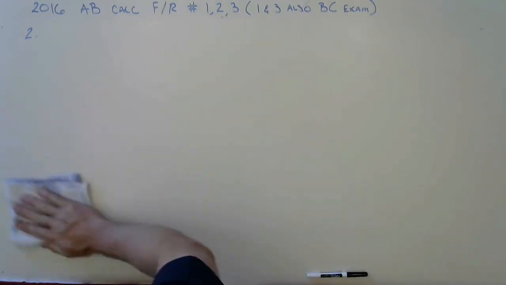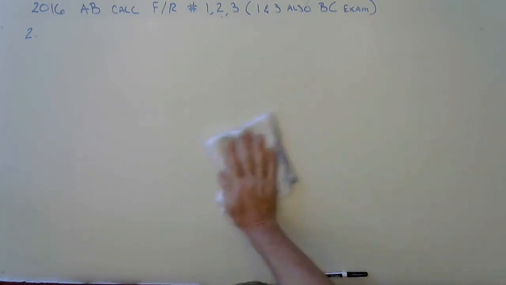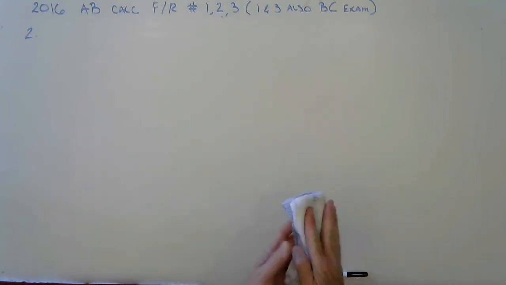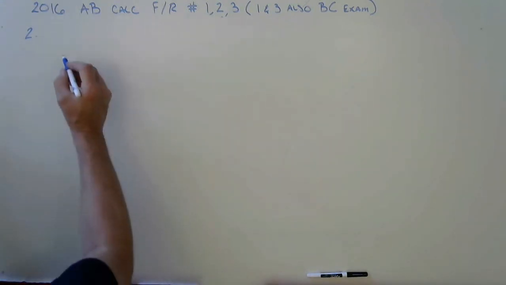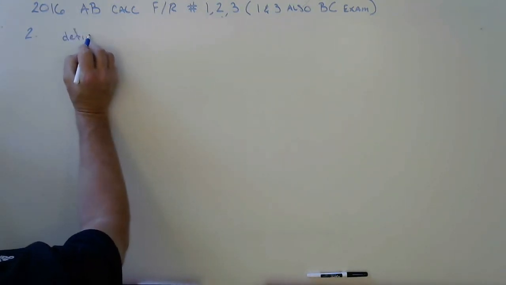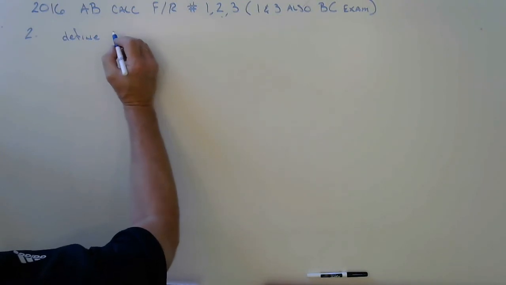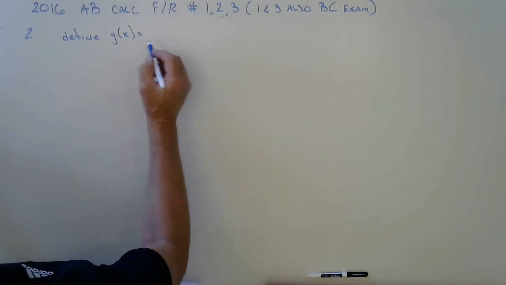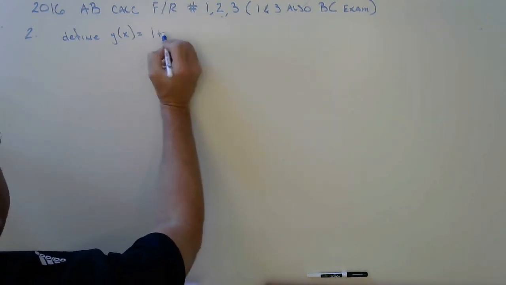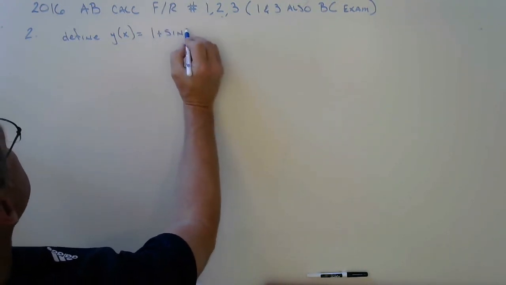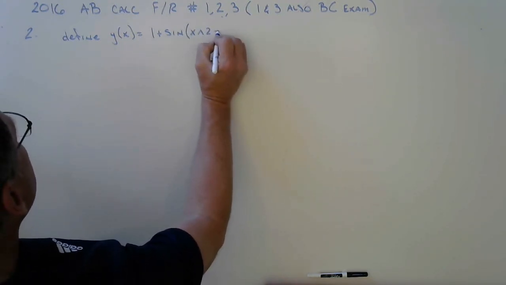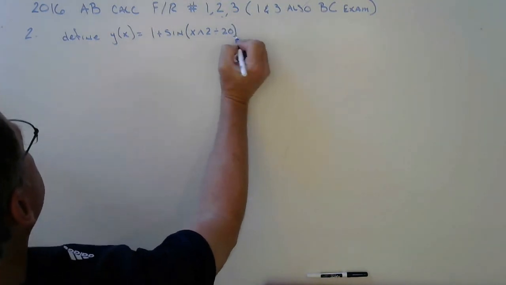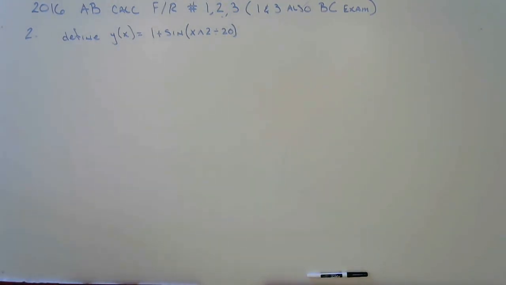In calculator symbols, what would we have to type in there? Well, somewhere at the beginning of this problem, since it's a calculator problem, I would have defined y of x equal 1 plus sine of x squared divided by 2.